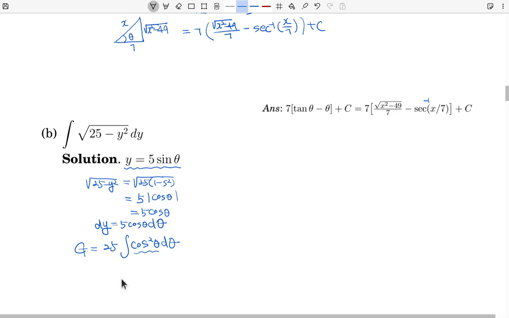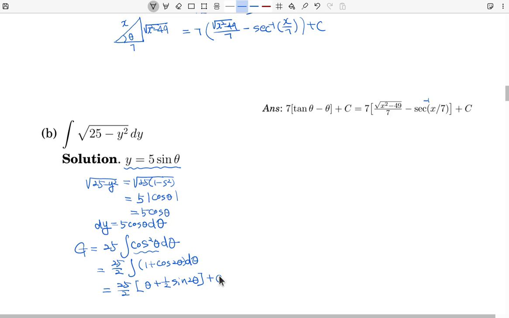That is the same as half of 1 plus cosine 2 theta. So that is 25 over 2 times the integral of 1 plus cosine 2 theta d theta. Okay, that is 25 over 2 times theta plus half sine 2 theta, plus c.